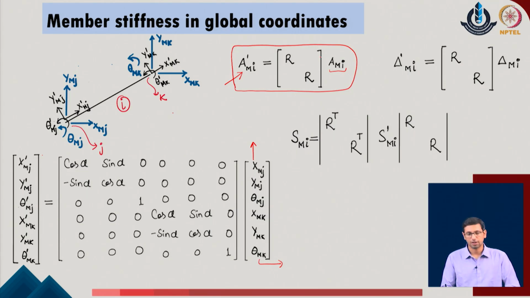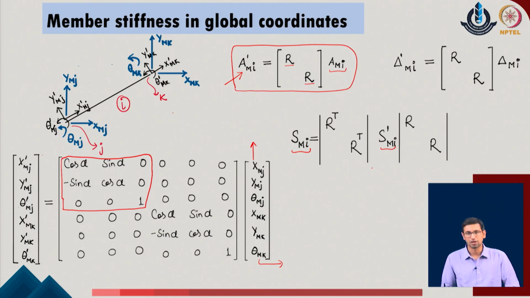This can be simply done using the same transformation or rotation matrix of the system, and this rotation matrix R we have defined as a 3 cross 3 matrix. Using it, we are able to make a transition between the member coordinate system contributions and the global system contributions. This is all being done at the individual element level only. So, we are able to identify the stiffness matrix for the element i in the global directions using the stiffness matrix which is known to us in the local member coordinates.